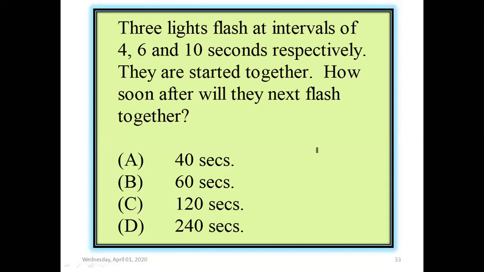All right. So what you're going to do is find the LCM. The LCM will give us the time at which all of them will flash at the same time. So all you need to do is find the LCM for 4, 6, and 10. So what is that?